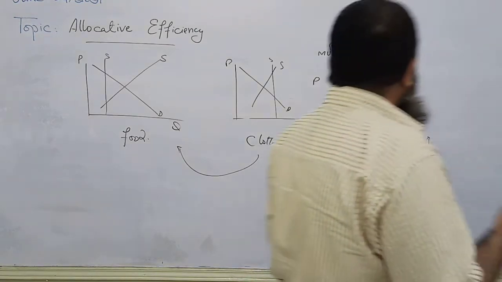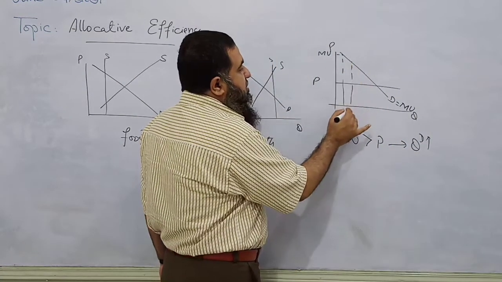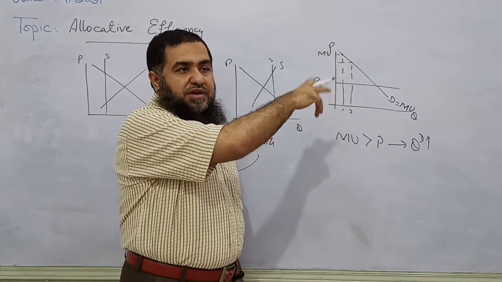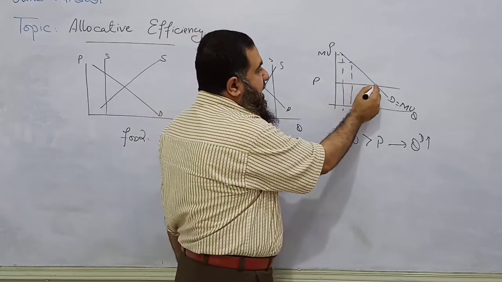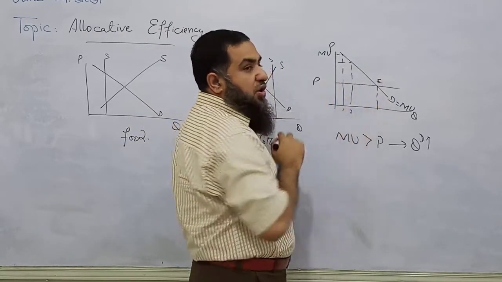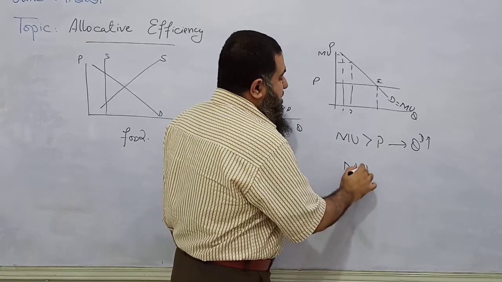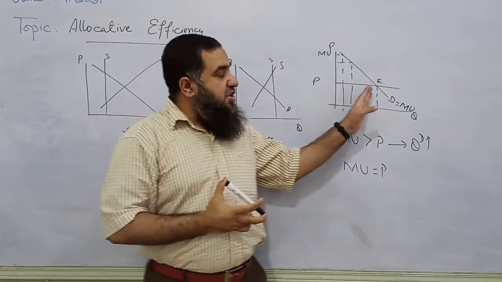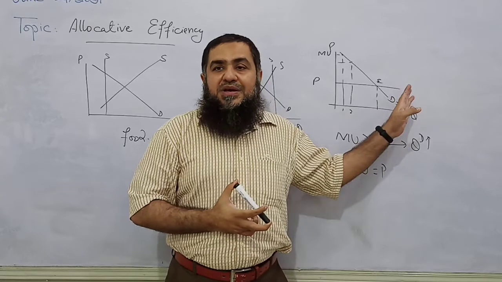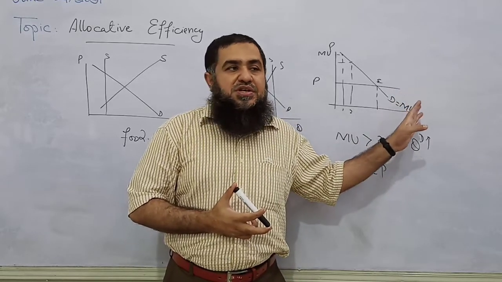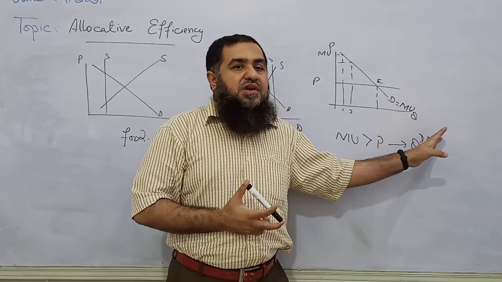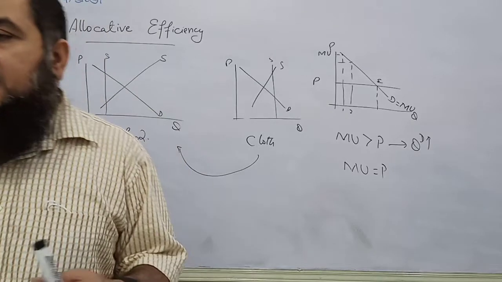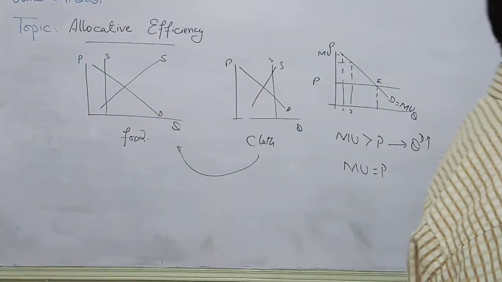And if for the next unit the marginal utility will be lower, the price paid by the consumer will be higher than the marginal utility, so he will not go beyond this point, or he will decrease consumption of this commodity, as the price paid by the consumer is higher than the satisfaction gained for the next unit.